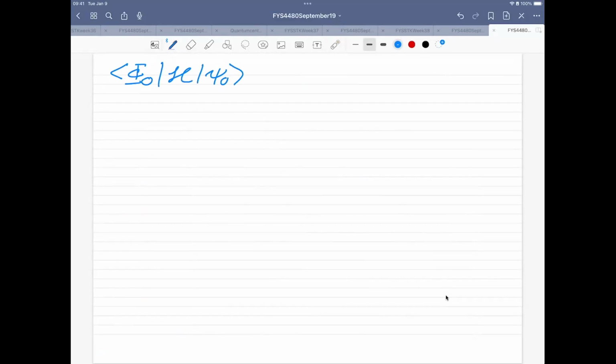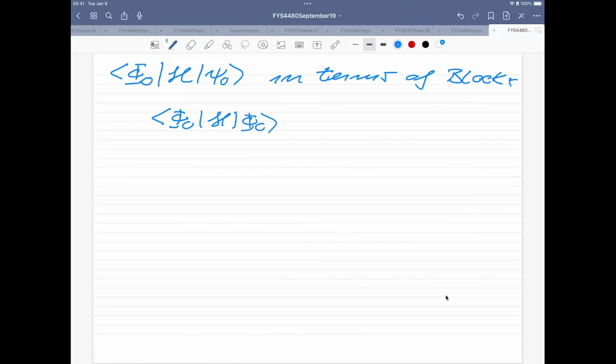I'm going to write this in terms of blocks, and the blocks are particle-hole blocks. When I do this, there will be one block, which is phi 0 H phi 0. Then we know the matrix element; this is what we called E0 ref. I'm going to set this up in this specific way. So this is the first block.